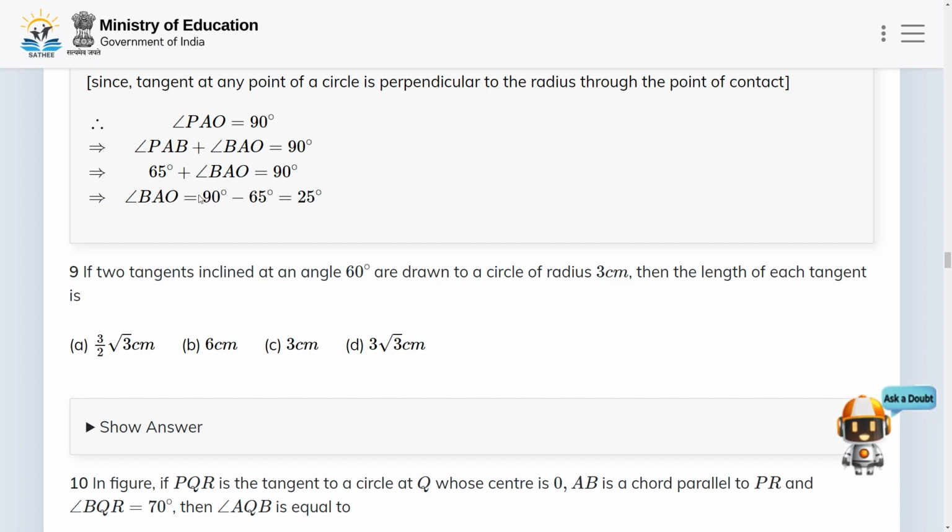So it implies angle BAO is equal to 90 degree minus 65 degree, that is equal to 25 degree. So angle BAO is equal to 25 degree.